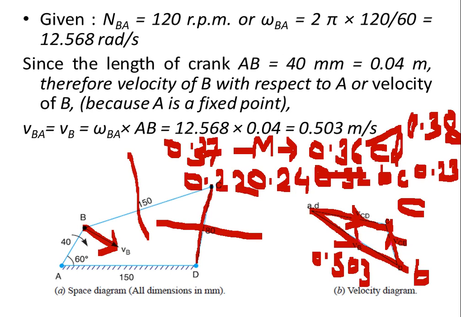BC all are getting 0.22, 0.23, 0.24, so in that range only you are getting. And CD is 0.36, 0.37, 0.38. All three values you can see. So all three students have told me these answers, and the answer is around this range.